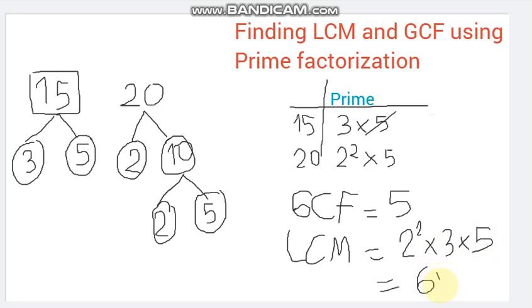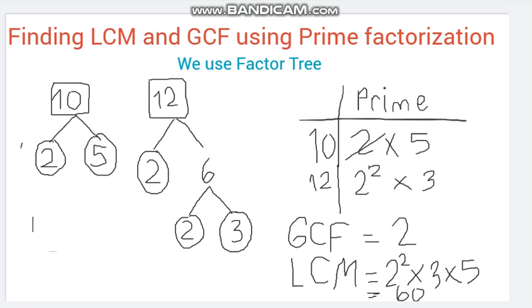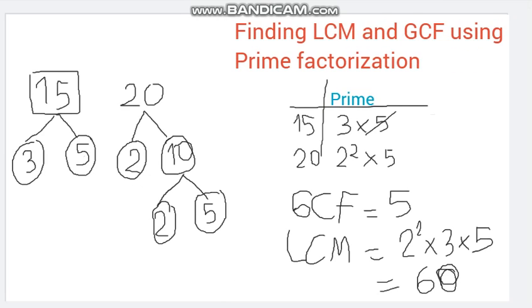So it's the same thing as before. Like with 10 and 12, the LCM is 60. The LCM is 60 and the GCF is 5. Okay, now you can practice to improve your skill.